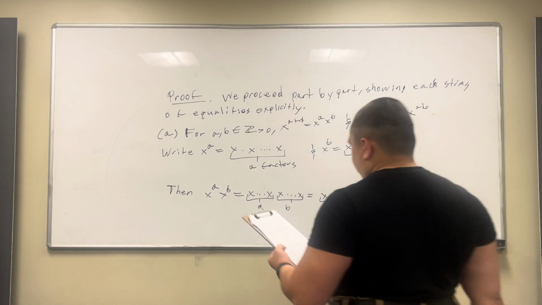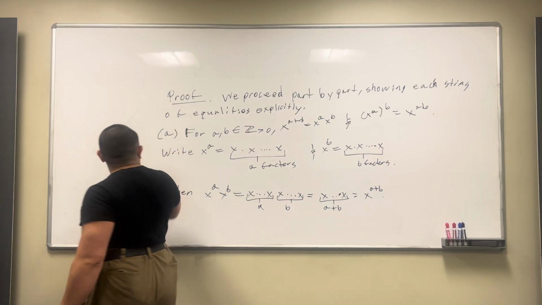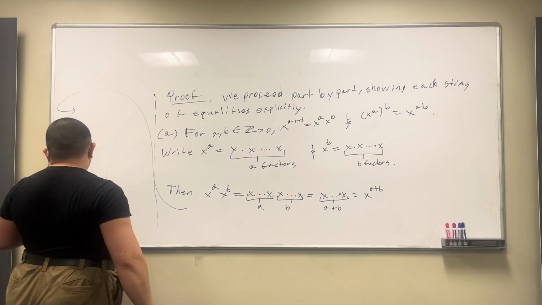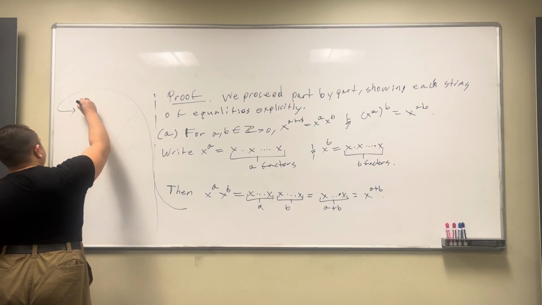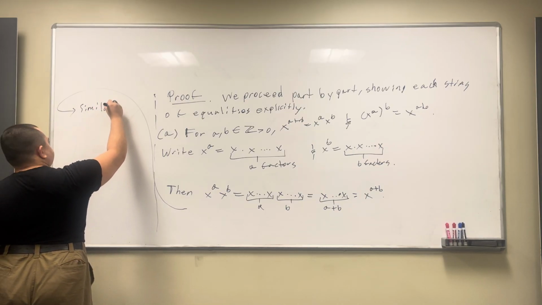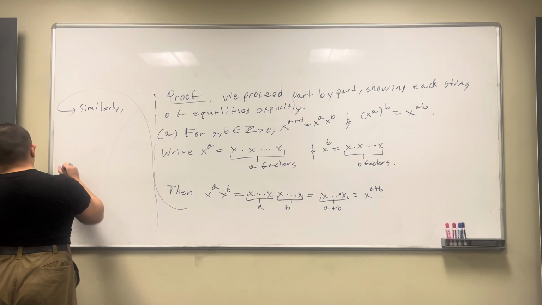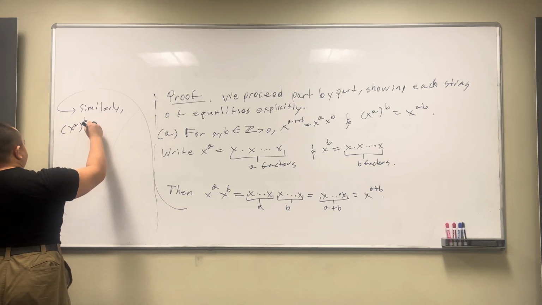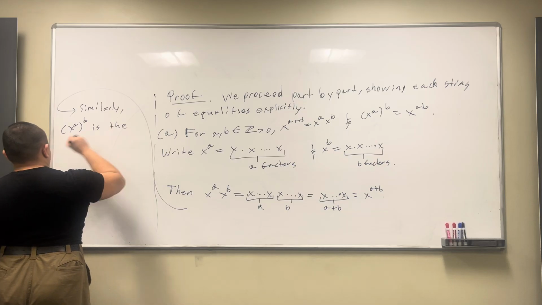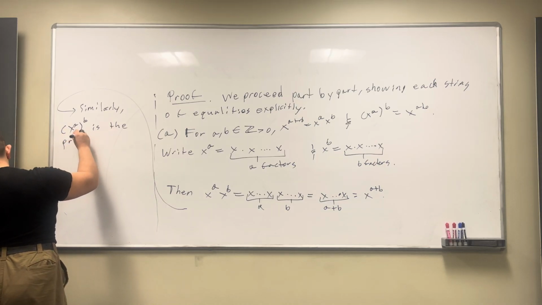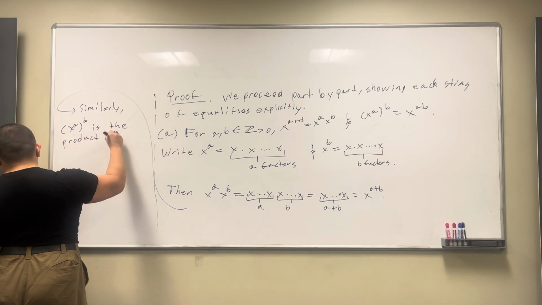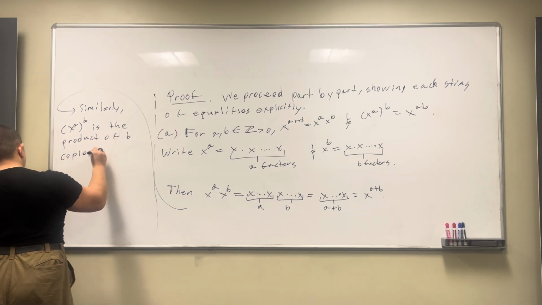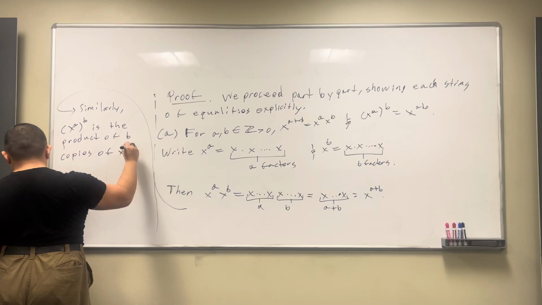So similarly, open parentheses x to the a, close parentheses to the power b is the product of b copies of x to the a.